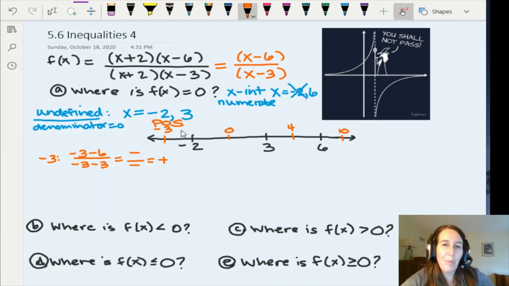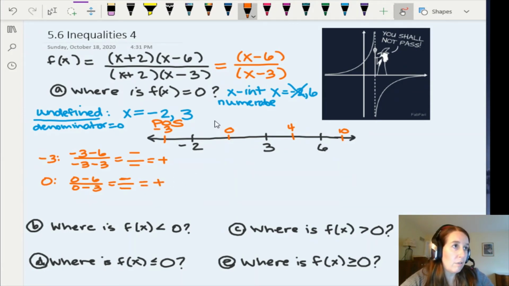I'm writing POS because if I write a negative sign or a positive sign, it'll get lost because I'm squished. Now put the 0 in: 0 minus 6 over 0 minus 3. That's a negative over a negative, which is another positive.